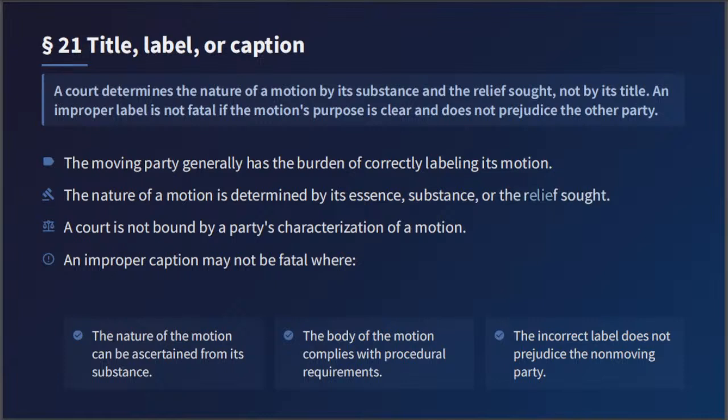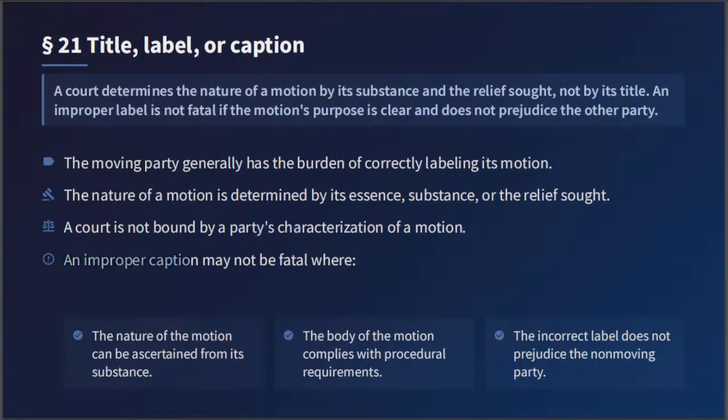So in that wherefore section, the essence and substance of the motion is the nature. A court is not bound by a party's characterization of a motion. So if one party says it's this kind of motion or that, the court is not bound by a party's characterization, including the moving party.